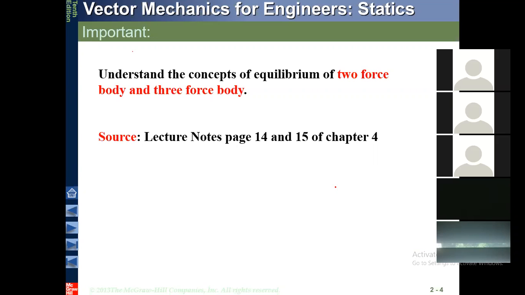So that point is the point of intersection for all three forces. Or either you can have all of them parallel to each other. So you're going to have two cases for three force body. In one, they're all parallel, and in the other, they're all concurrent.